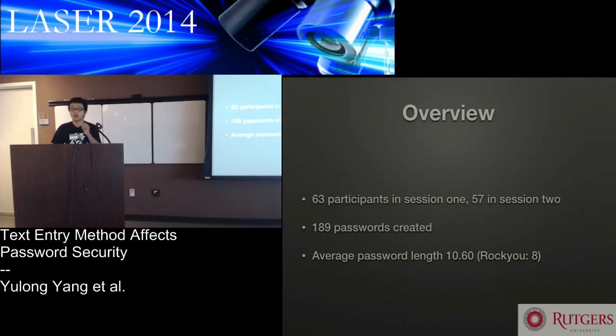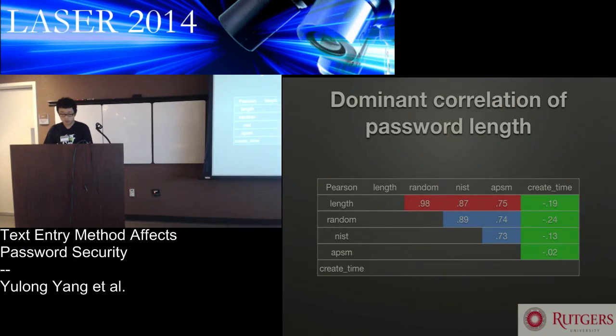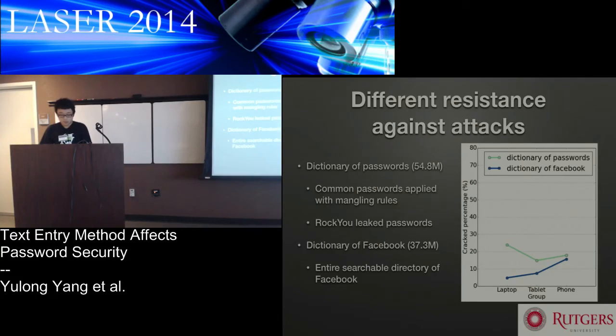In the next few slides, I'm going to talk about how we probably need a non-lab study, a field study, for this particular topic. Also, we asked them not to reuse their passwords, because we found in pre-trials that a lot of people reuse their passwords, so we asked them to create new passwords, which also affects the results.